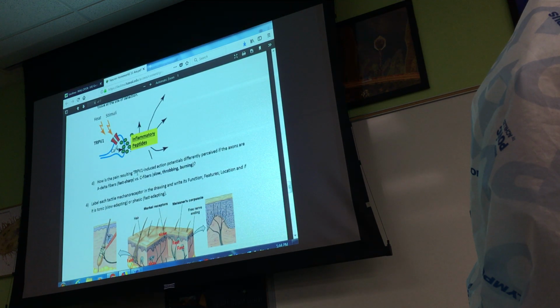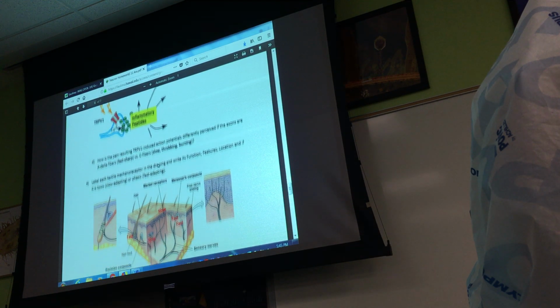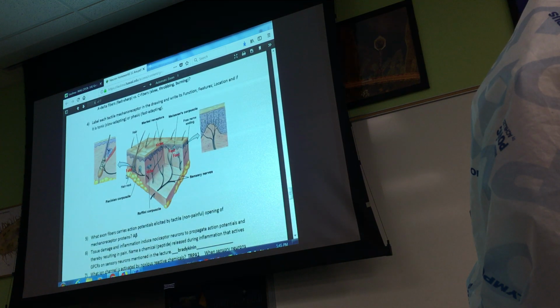So how is pain resulting from TRPV1 induced action potentials perceived? And then of course A deltas are going to be fast because they're myelinated, and C fibers are going to be slow, throbbing. And then label each of these, hair roots and so on. You guys need me to go through this? No. Which ones are fast, which ones are slow?